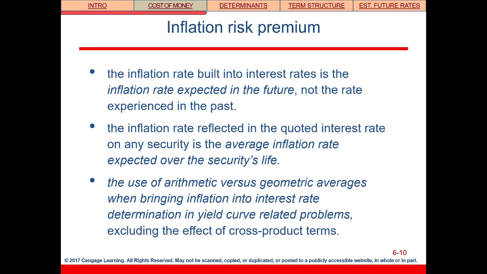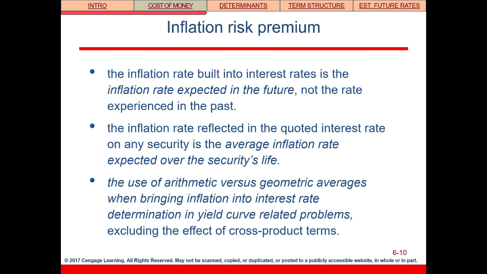So that's the first thing we need to clarify when we discuss the inflation premium. That's the inflation expected in the future. It means that we don't really know how high the inflation is going to be, but this is what we predicted the inflation level in the future. So it's the expected inflation rate, not the actual inflation rate that we have already experienced.